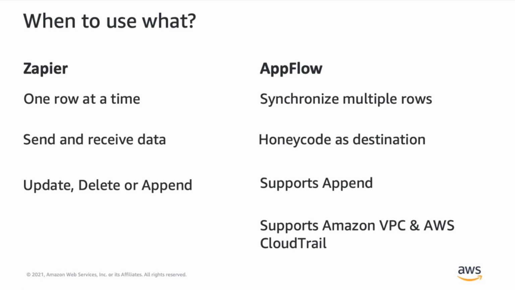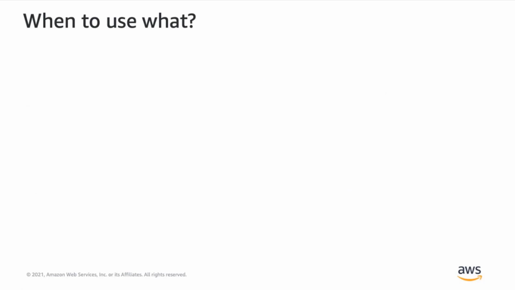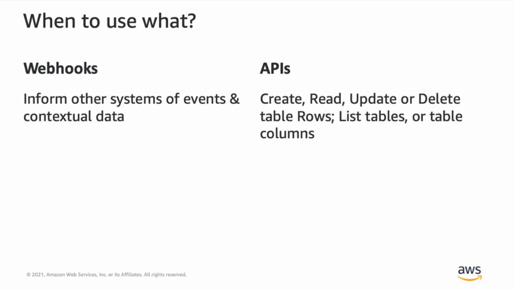Finally, if neither AppFlow nor Zapier support your use case, I would then venture out to using webhooks or APIs directly. The primary consideration there may be whether you want your business process to respond to Honeycode events. If yes, consider using webhooks, as they can send information about the Honeycode event to any webhook endpoint.